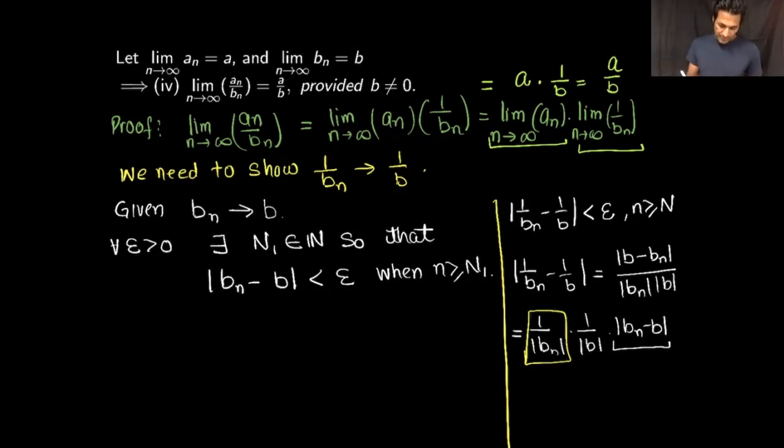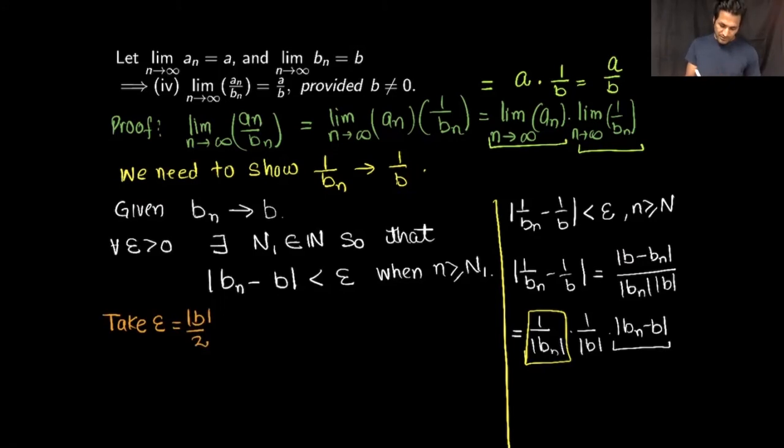So first, I'm going to take from the definition epsilon this time to be the absolute value of b divided by 2. And you will see later on why I choose epsilon equal to the absolute value of b divided by 2.